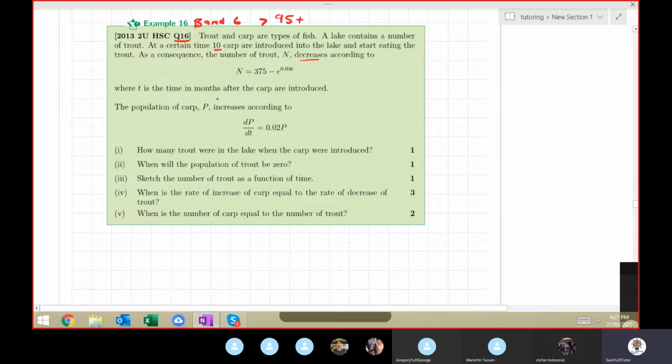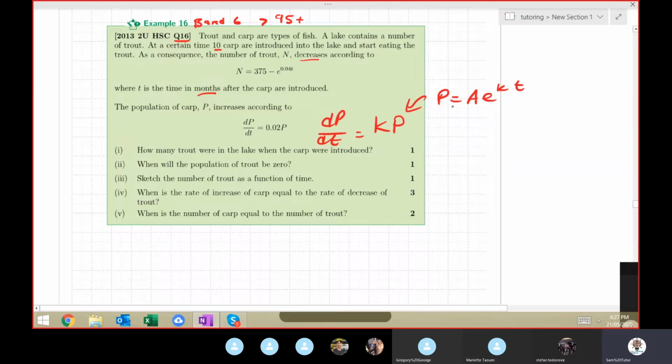Where T is the time in months after the carp are introduced, the population of carp P increases according to this. So the population of your carp is increasing according to this. This looks like dP on dt equals kP, where P equals Ae^kt.